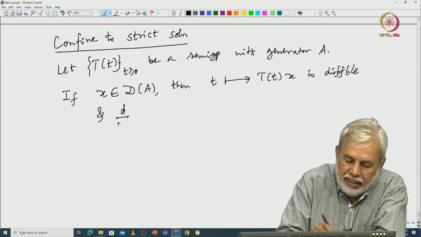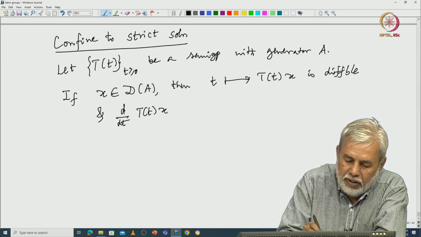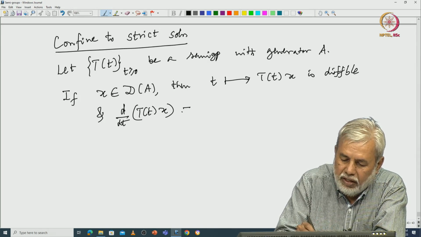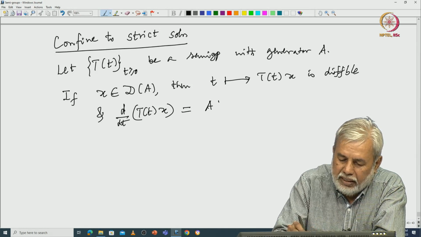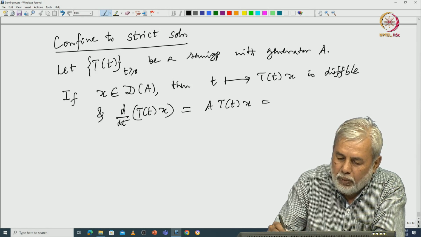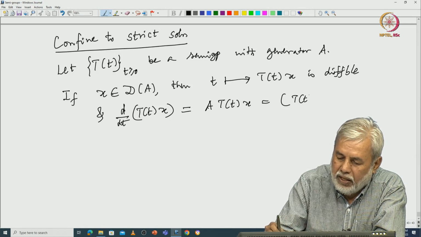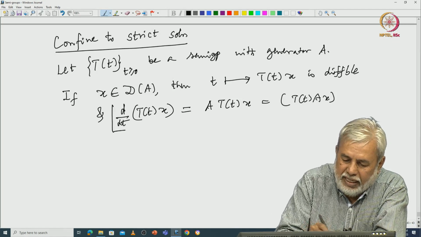So d/dt of T(t)x is AT(t)x. Of course, that is also equal to T(t)Ax. Okay, so we already see that.